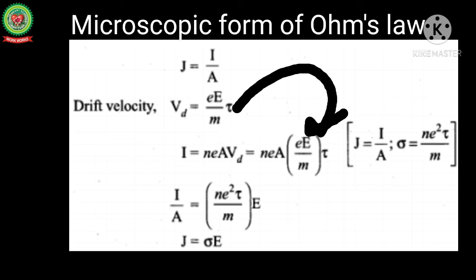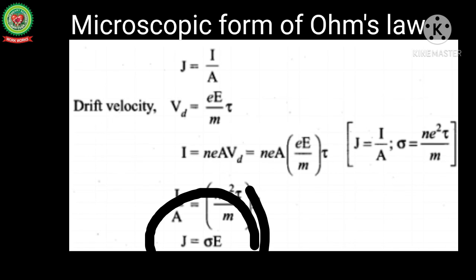On shifting A towards the denominator, we will get I over A, that is J, equal to ne squared tau over m into E. Here we can see ne squared tau over m are all constant quantities, so they are named by sigma and the formula becomes J equal to sigma E. This is another form of Ohm's law and is known as microscopic form of Ohm's law.